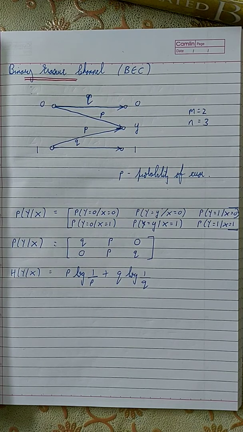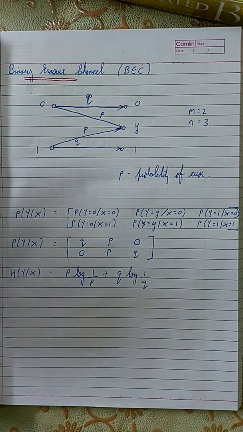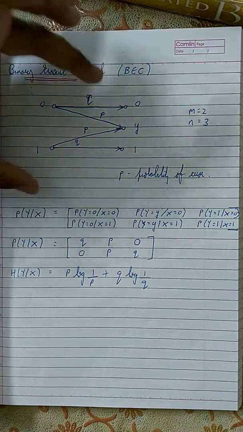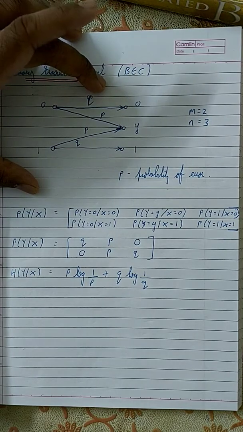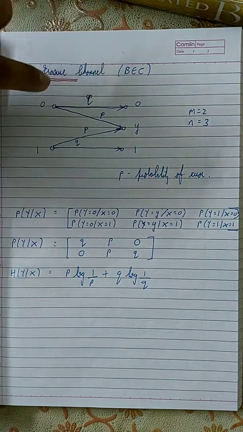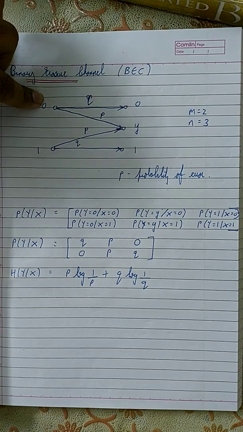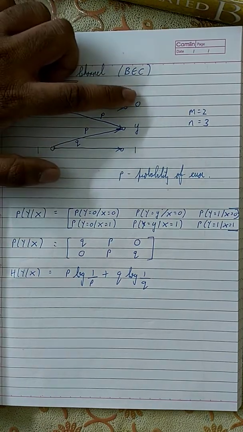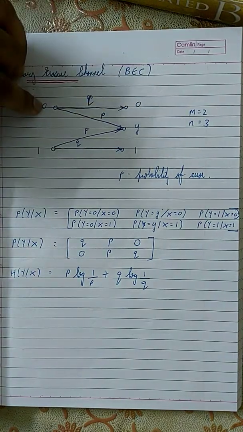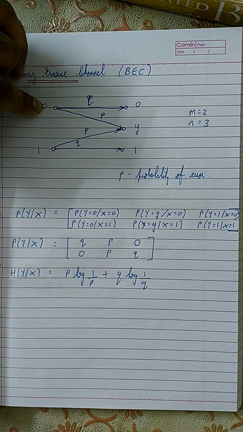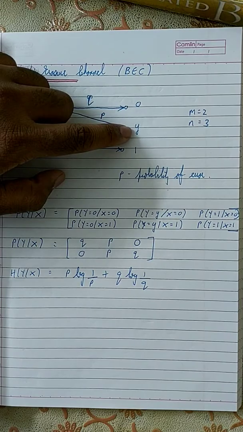Now, the next thing I'm going to teach you is very important. You have already understood the working of this binary erasure channel, right? The transmitter will transmit 0. If it is a correct transmission, then the receiver will receive 0 itself. And if it is a wrong transmission, if an error occurs when the signal is being propagated through the channel, then y is received by the receiver.